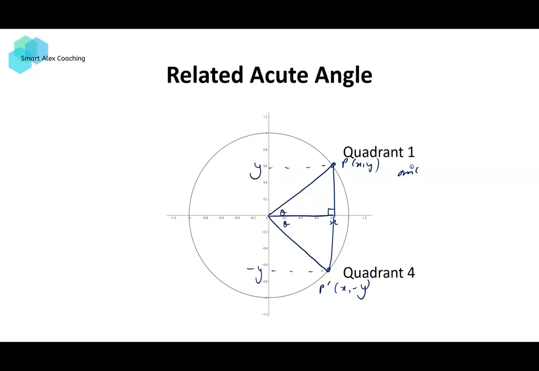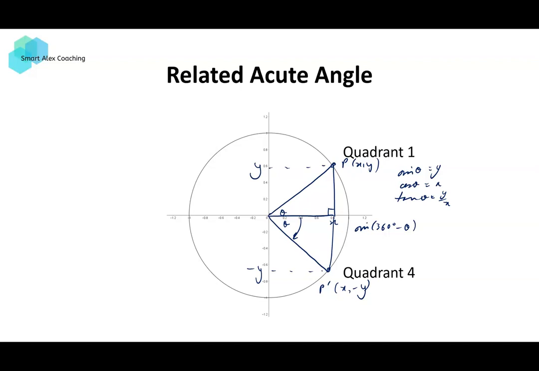At P, sine theta is equal to y, cos theta is equal to x, and tan theta is equal to y on x. At P dash now, I've got sine, and the angle is going to be 360 degrees minus theta, because 360 degrees is like resetting the whole thing back to our starting point. Then with minus theta, which is a movement in the clockwise direction.